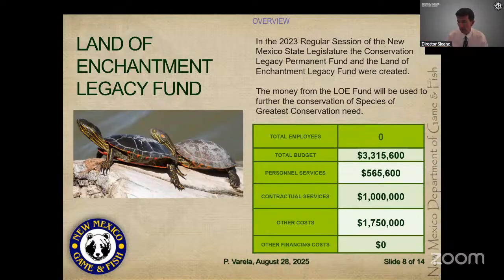I have one more request. Chief Varela, could you just step through slides 8, 9, and 10? I was just wanting to get a number of the employees of each department there. Commissioner Fulford, sure. So I believe we are on slide number 8 right now, which is the Land of Enchantment Legacy Fund.